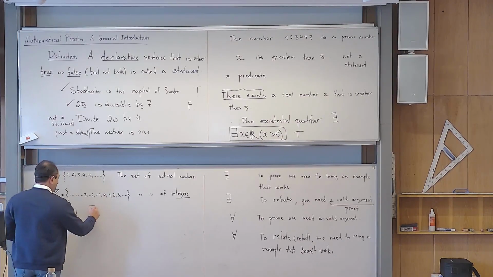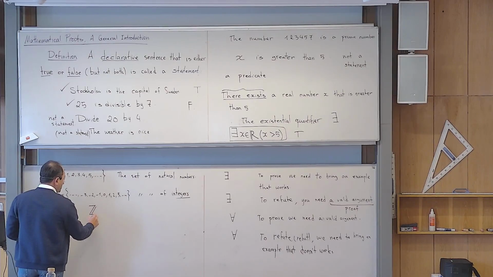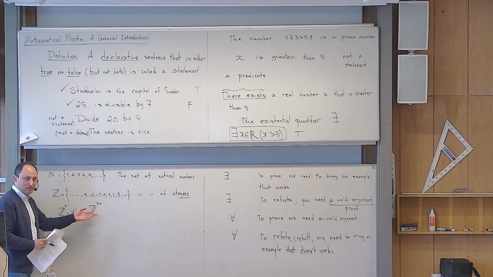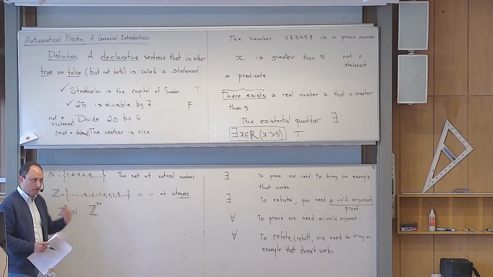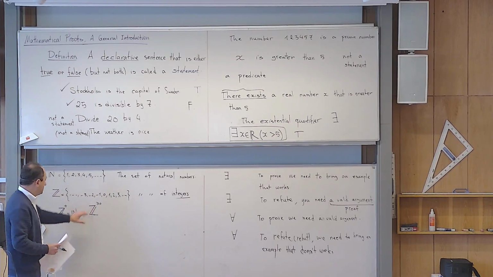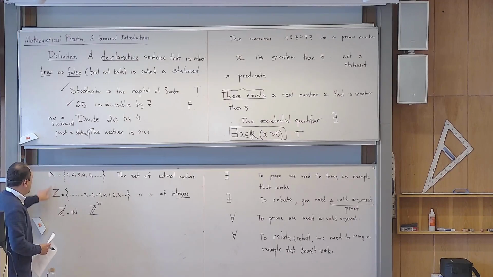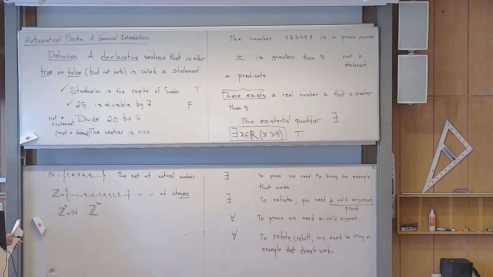But sometimes I write Z with greater than or equal to 0 on top of that, so it means that I am considering all integers that start from 0 onwards. Okay? These symbols that I'm using are universal. Everyone uses them. But these things depend on the author of the book or the article that you are using. Yes?